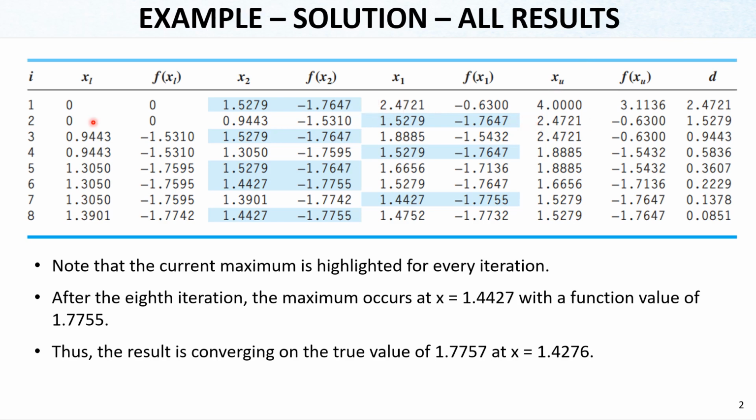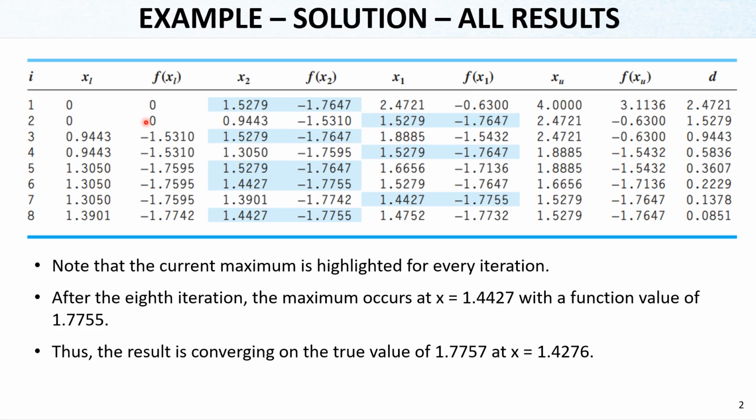And if we continue in the second one that we calculated in the previous slide as well, the x2 was calculated as this one, and x1 was the previous x2, and xu is this. Now let's check the function values. This function value and this one, this is smaller. Then our next estimate of minimum is this one.